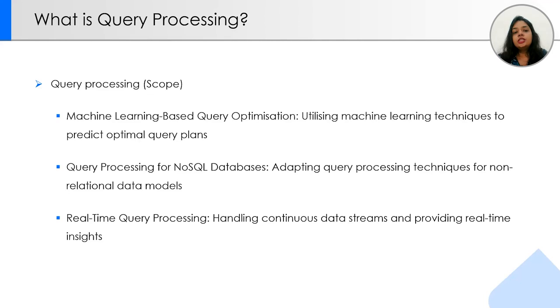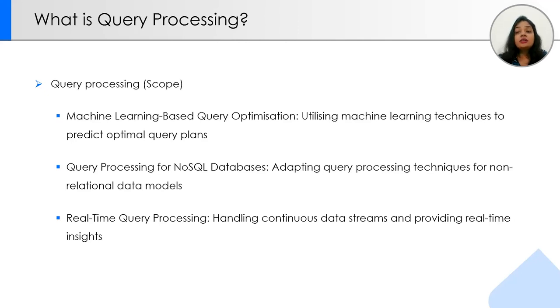So here, machine learning based query optimization is widely used, just because machine learning is becoming very popular with robotics, AI, etc. So basically you are utilizing machine learning techniques to predict query optimization plans. So all your query plans are going to be more optimal, and their prediction is going to be quicker when you are utilizing machine learning techniques, because here you are giving a command to the machine to quickly execute your query.